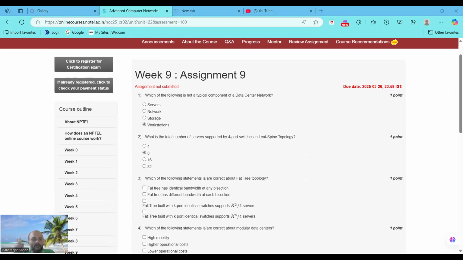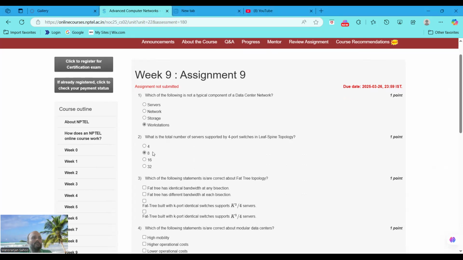For K equal to 4, each leaf switch uses K by 2 ports for servers, that is 2, and the other 2 ports connect to the spine switches, that is K by 2. So the number of spine switches is K by 2, that's equal to 2. The number of leaf switches is equal to K, that is 4. Servers per leaf is K by 2, that is equal to 2. So the total number of servers is the number of leaf switches times servers per leaf, that is 4 times 2, that is equal to 8. The correct option is option B, that is 8.